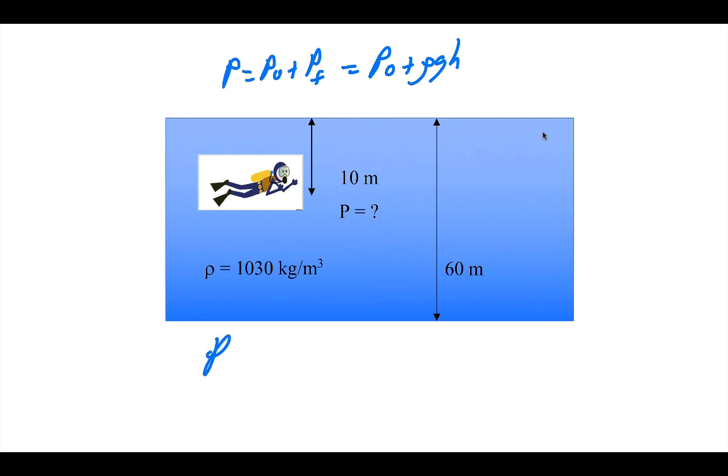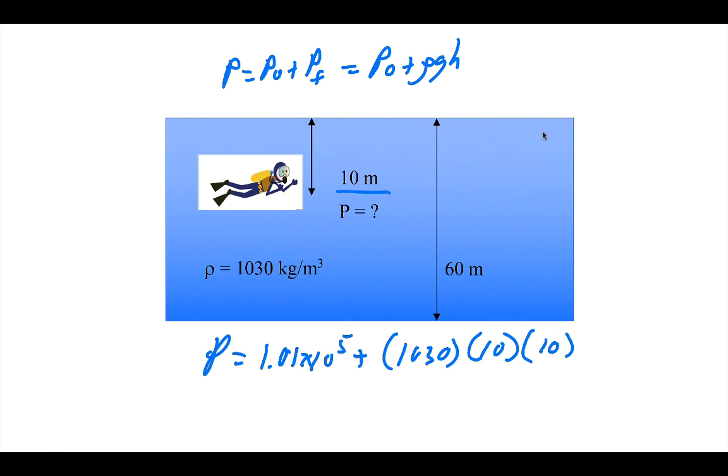So the pressure this diver would feel would be atmospheric pressure, 1.01 times 10 to the fifth, plus a density of 1,030, gravity of about 10, and the depth here of 10 meters. Again, that is the height that we're talking about. It's really a depth.